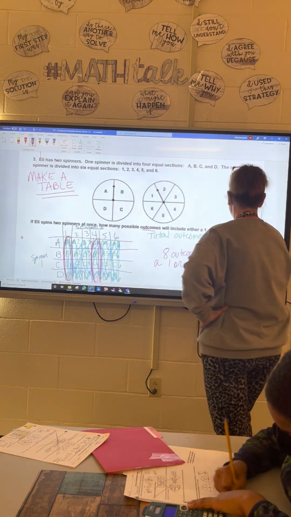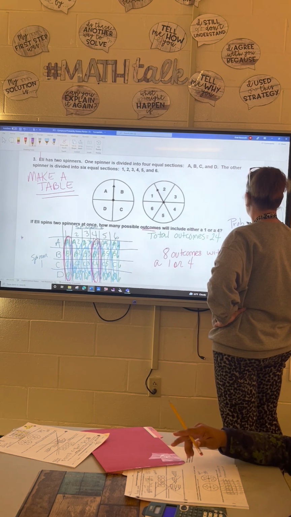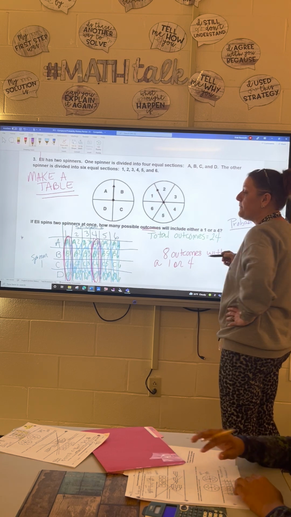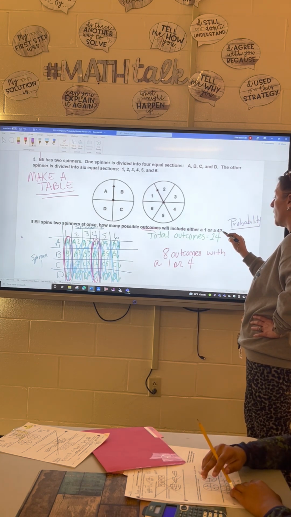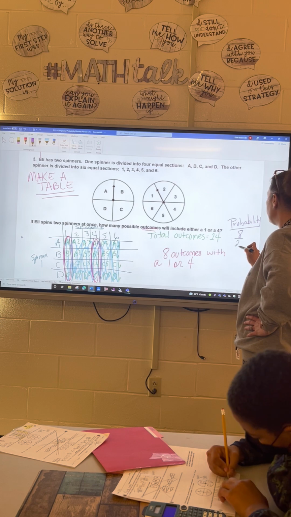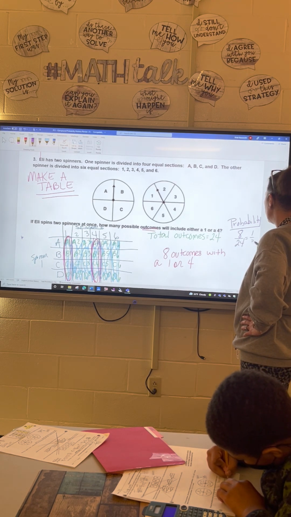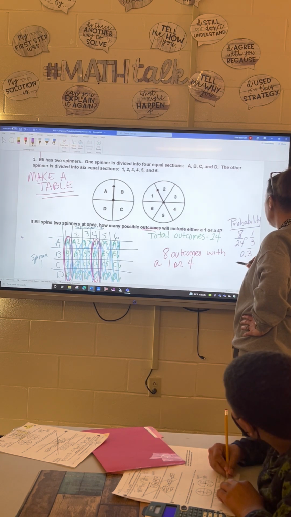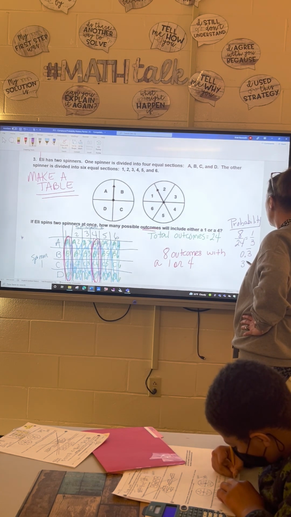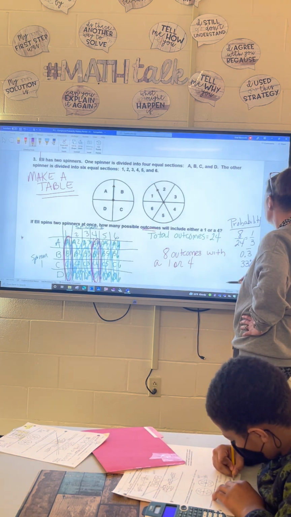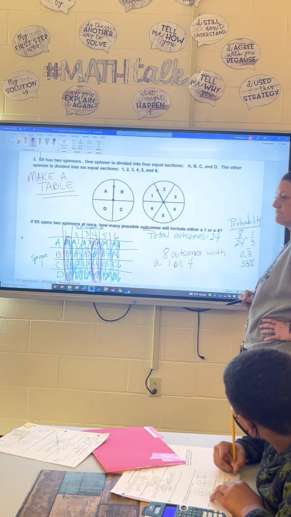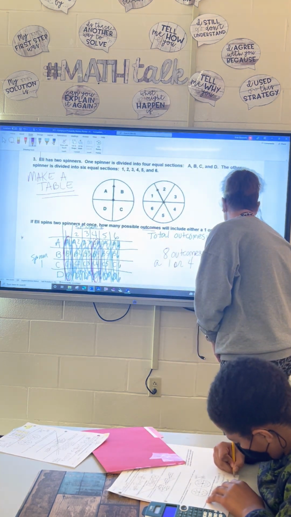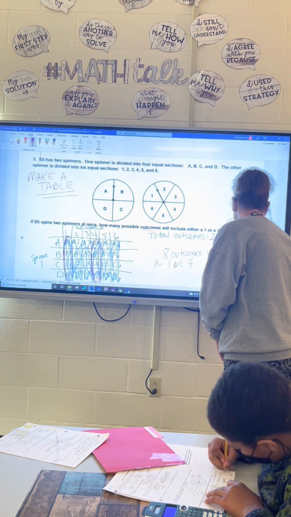If it had asked you for the probability, the probability of getting a 1 or a 4 would be 8 out of 24, which is 1 out of 3, which is 0.3 repeating, which is 33%. Okay? Which would be, I think we call that a small chance.